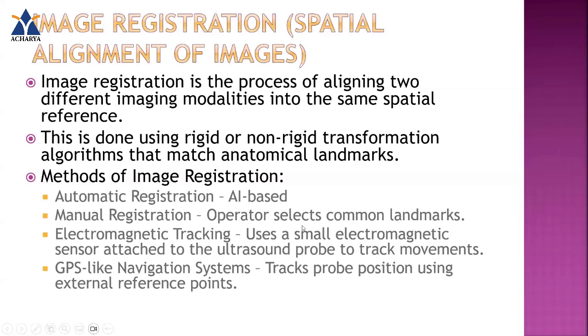In this method, a small electromagnetic sensor attached to the ultrasound probe tracks the movements. And the last one is called GPS-like navigation system. Suppose you want to track a motorbike or a car, we put a GPS. Likewise, we put external reference points, and the probe will track the position. So in all these four methods, the image registration can take place.